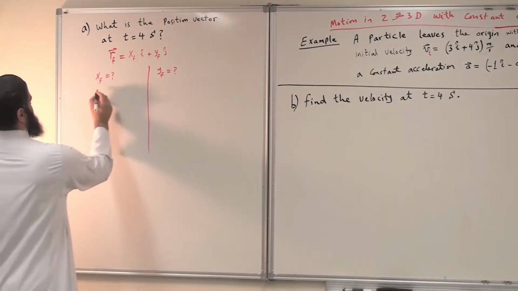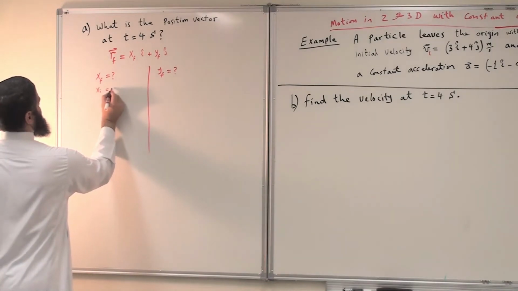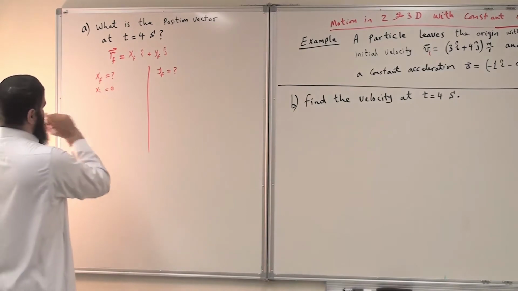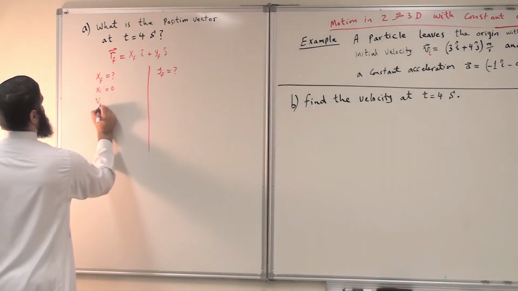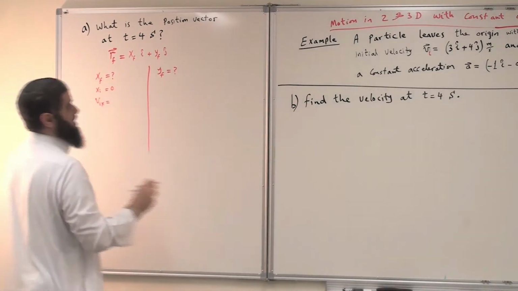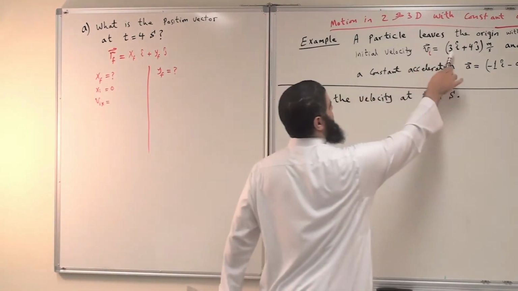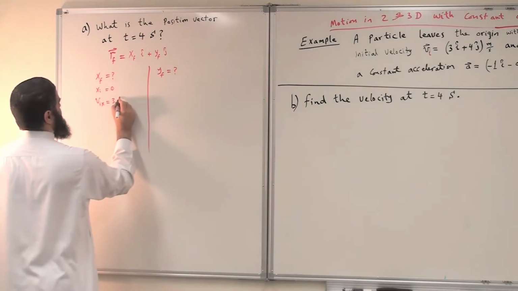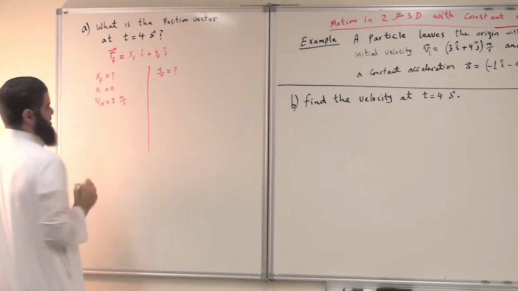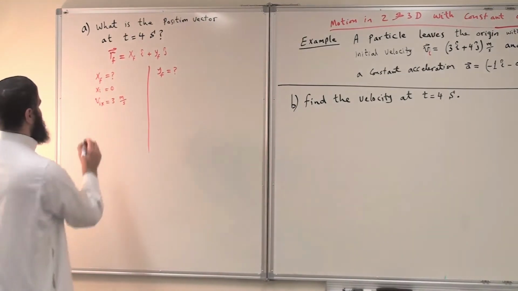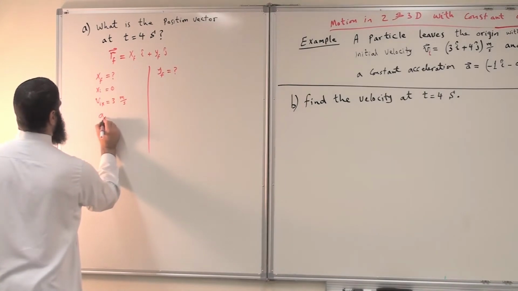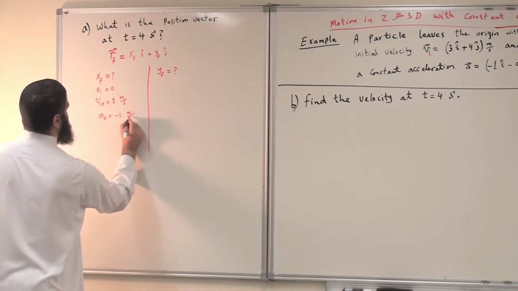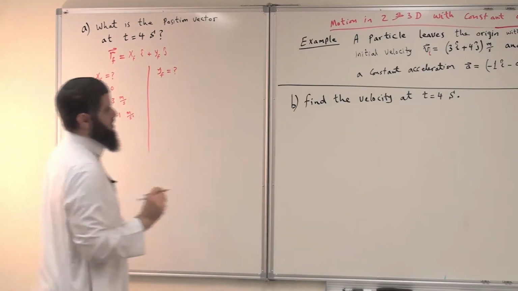What is given for the x direction? We know that x initial is equal to 0 because it was at the origin. And we have v initial x, the x component of the initial velocity, is 3 meters per second. Also, the acceleration in the x direction is given to be -1 meter per second squared.